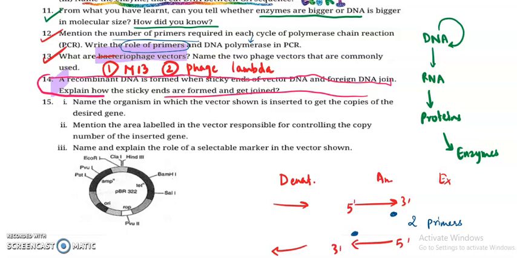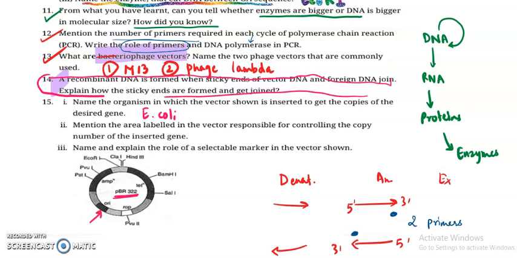Question number 15, name the organism in which the vector shown is inserted to get the copies of the desired gene. If you look at it, they are talking about pBR322. We have read in class that they use the organism E. coli for this purpose. Mention the area labeled in the vector responsible for controlling the copy number of the inserted gene.